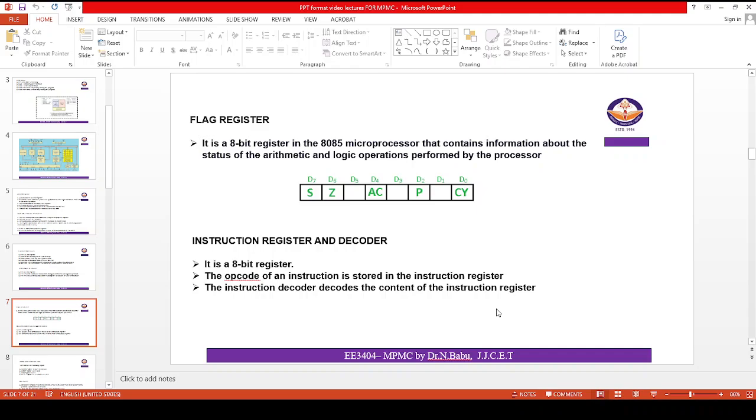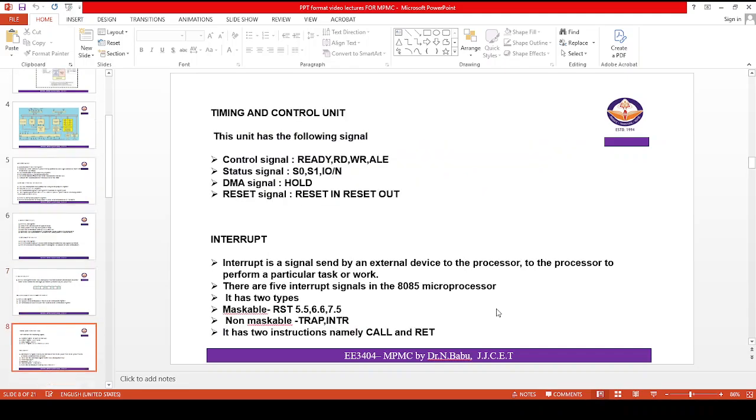That is called decoding. After converting the code, then executing, processing the data. That is called execution. So there are 3 steps of process: fetching, decoding, executing. The instruction register is used to hold the instructions. Then it is sent to the instruction decoder, where it is converted into code. This is one stage of operation.